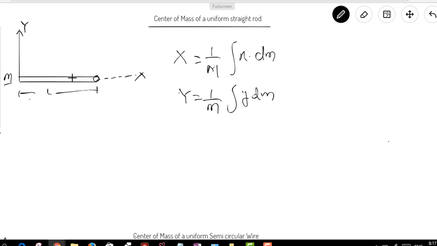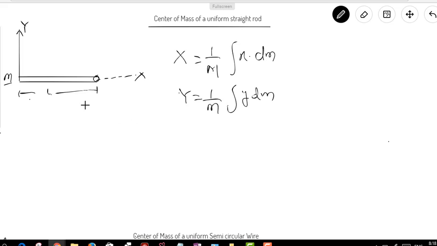And see that the center of mass is going to lie on the x-axis because this rod is only along the x-axis, right? We'll ignore any height of it along the y-axis.